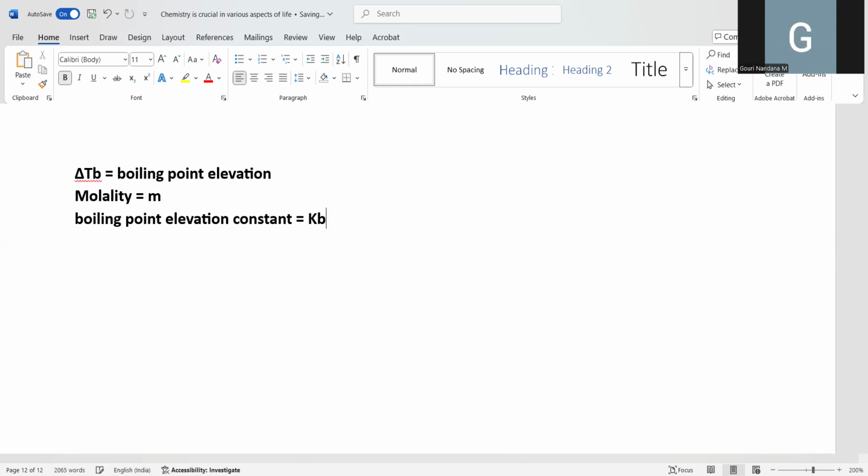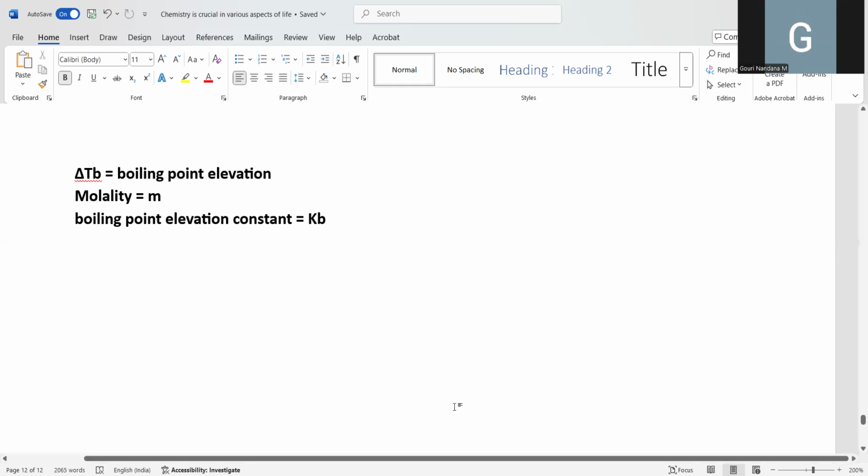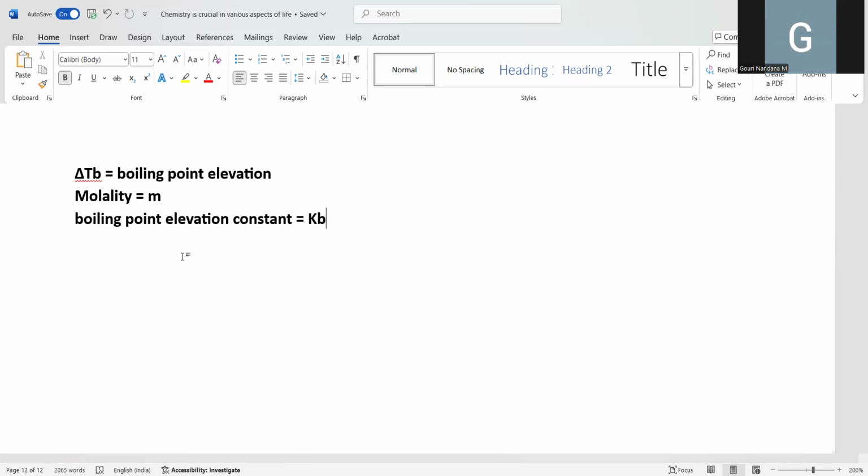Molality means more solute gives a higher increase. And the boiling point elevation constant is something constant, a property of the solvent. So these two are the factors which affect the boiling point elevation. So now let us derive the formula.